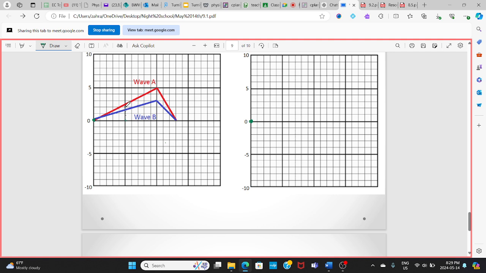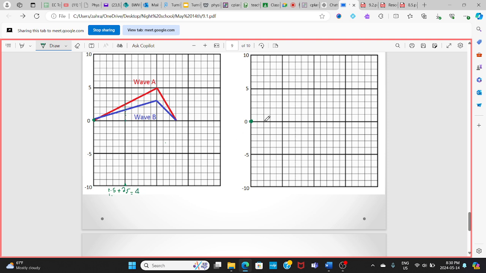At this point, one of them is 1.5 and the other one is 2.5. So 1.5 plus 2.5, let's put that here. At this point, I'm adding their amplitudes, okay? It's going to be 4.